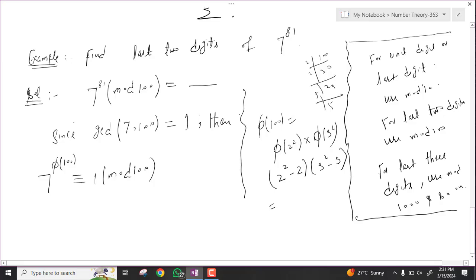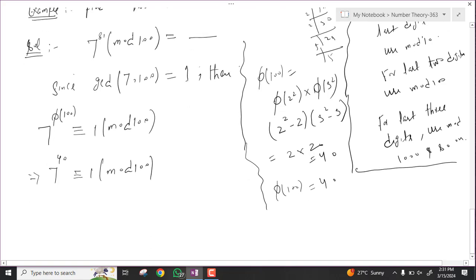So this is 2 into 20, which equals 40. So phi of 100 equals 40. Now it implies that 7 power 40 is congruent to 1 modulo 100.